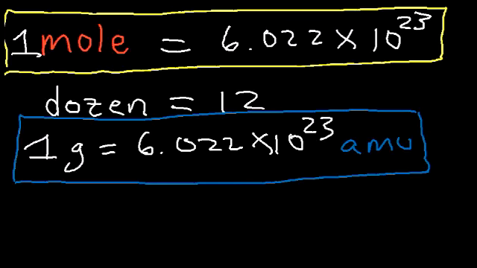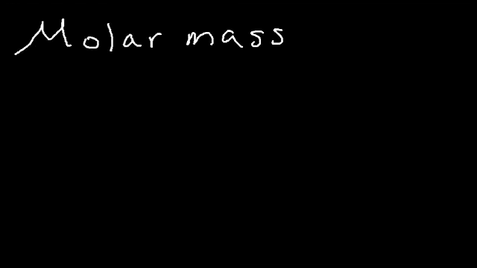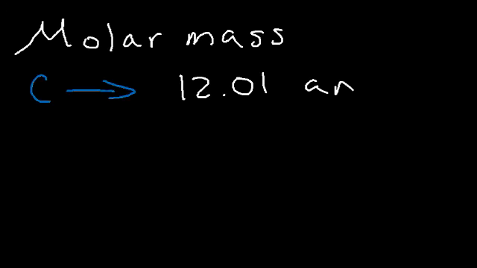Now the next thing we need to talk about is the molar mass. When you hear the word molar mass, what do you think of? It connects moles with mass. The molar mass is simply the number of grams per 1 mole of substance. So let's take carbon for example. If you look at the periodic table, carbon has an atomic weight of 12.01 AMU. It's also called atomic weight because carbon is composed of atoms.